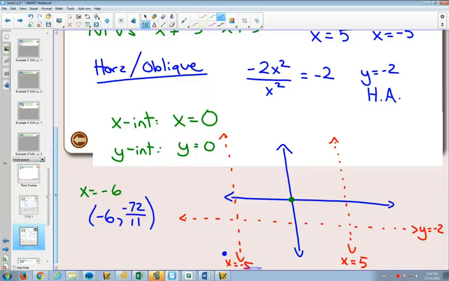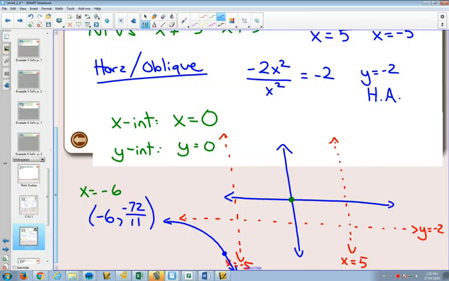Because -72 over 11 is going to be between -6 and -7. So I know that it's in this section. What that's going to tell me is that this graph, when it goes towards the asymptotes, is going to act like that.